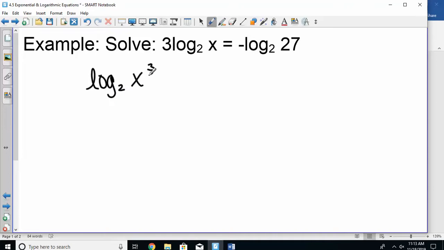And then what am I going to do on the other side? 27 to the negative 1. So you cannot have any coefficients there. All right, so now we can drop our log. So x cubed equals 27 to the negative 1. What is 27 to the negative 1?